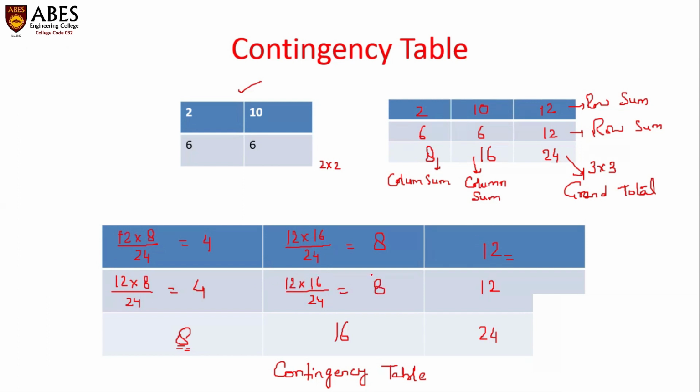All right. So the given data in 4 cells, or the 2 by 2 table, was 2, 10, 6, 6, and the new entries will be 4, 8, 4, 8. Now the given data gives us observed frequencies, whereas the newly obtained data gives us expected frequencies.